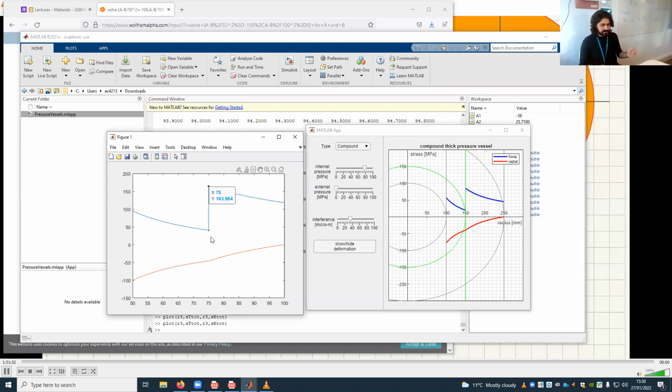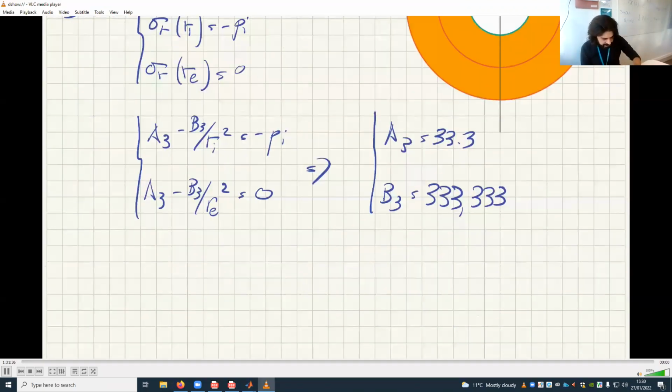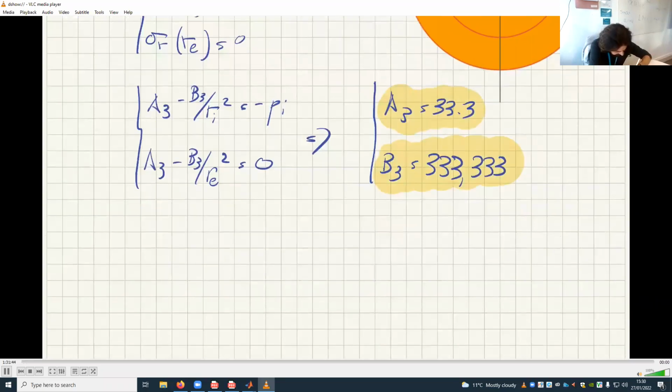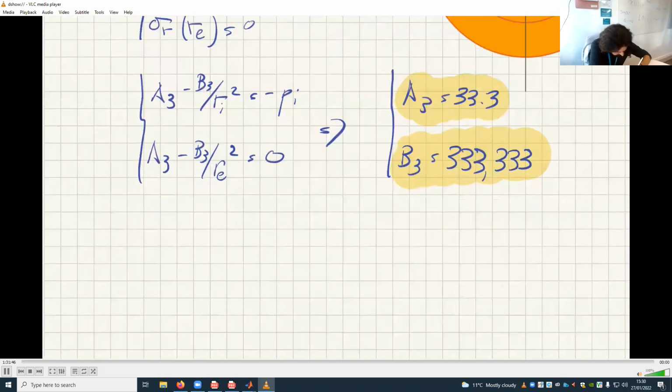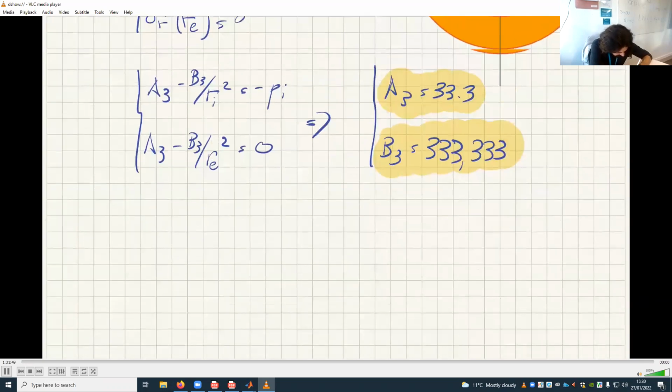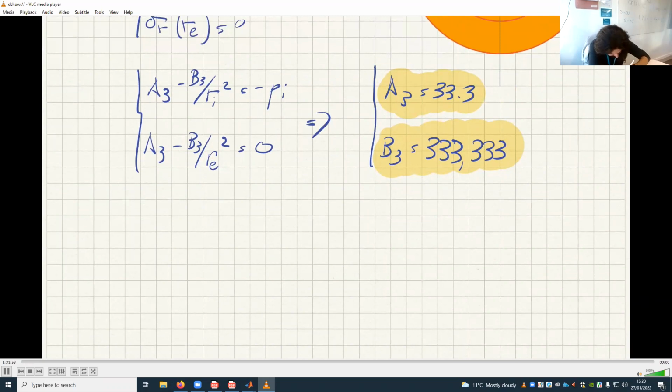Now that we have A3, B3, let me do this by hand as well. Well, not the calculations by hand, but by hand, how would you find out sigma theta? Now that you have this, you can find sigma theta. So sigma theta, now using superposition.